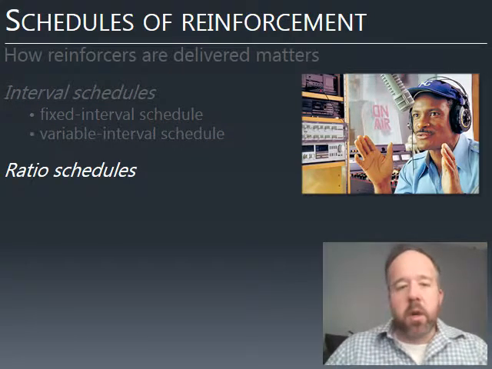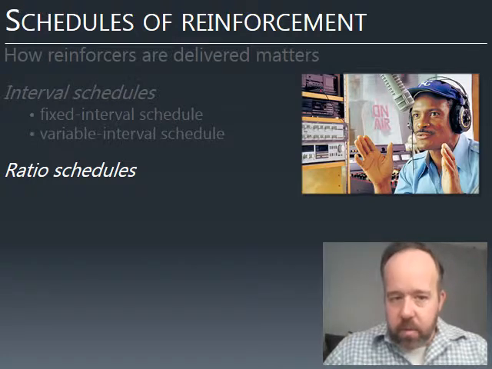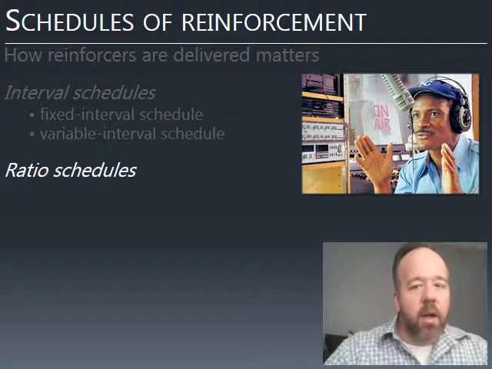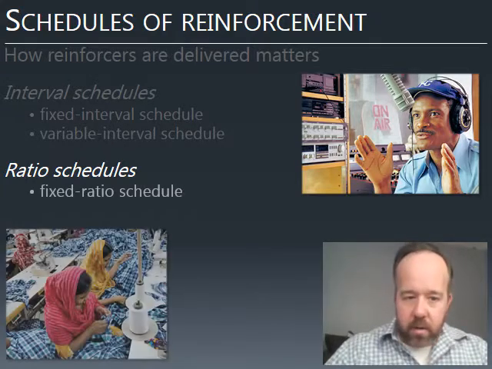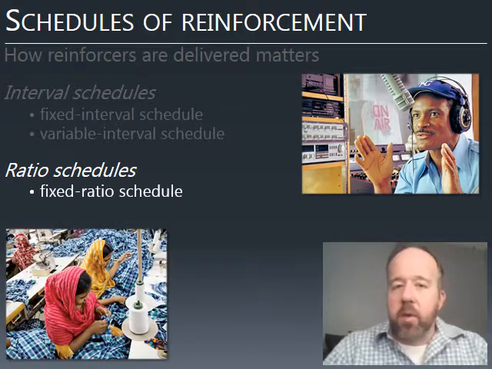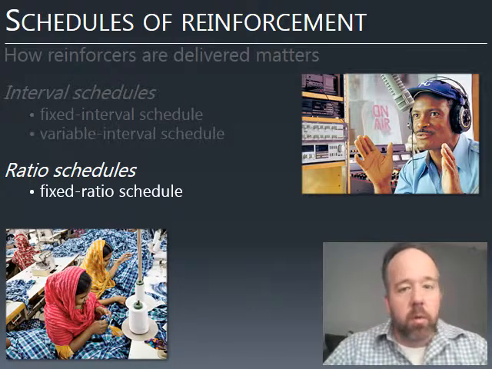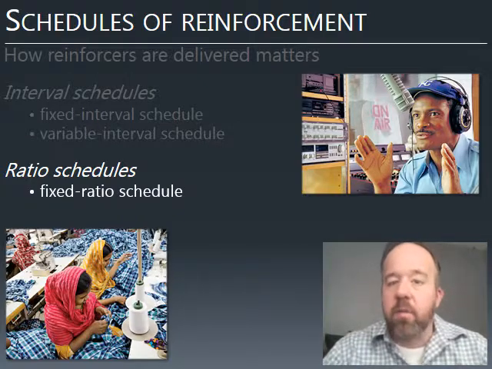The other kind of schedule is called a ratio schedule. And these are where effort matters. It's not the amount of time, it's the number of responses that are made. So in a fixed ratio schedule, the person or the animal is rewarded for a certain number of responses, a certain number of behaviors.